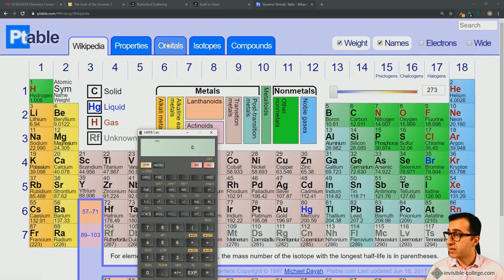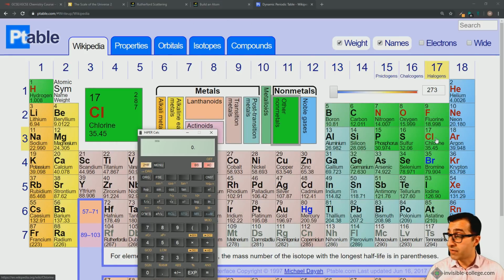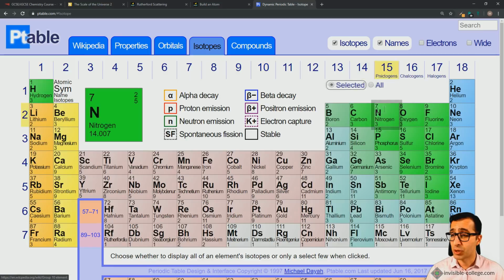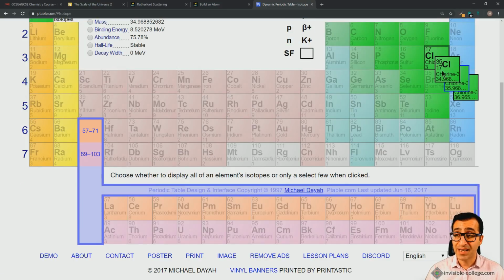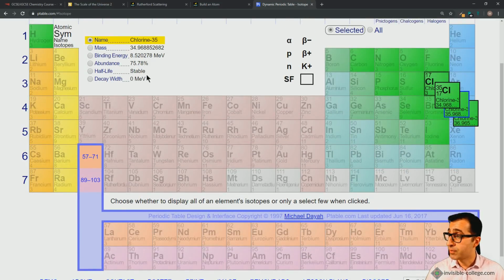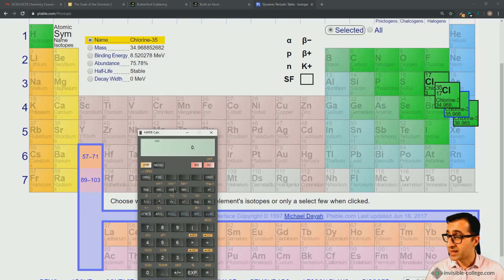So if we take chlorine-35, which is the most abundant isotope of chlorine, we find that it exists at a relative abundance of 75.78. The way that we calculate a weighted average is that we multiply the mass number of each isotope by its relative abundance as a fraction. So a relative abundance of 75.78% as a fraction would be 0.7578.